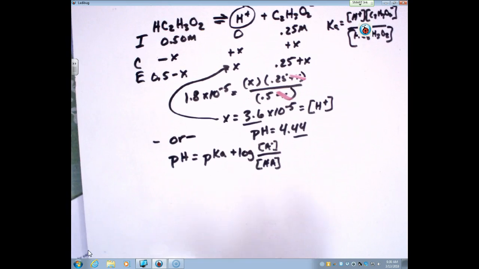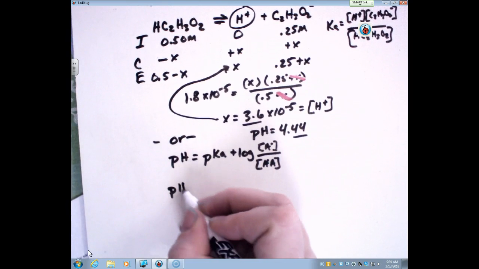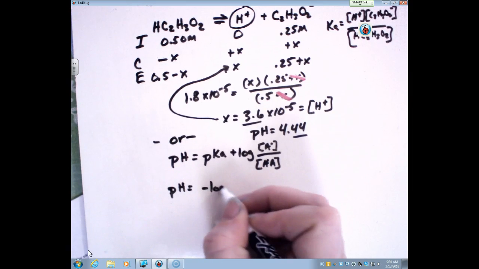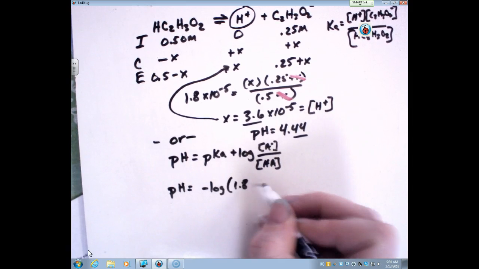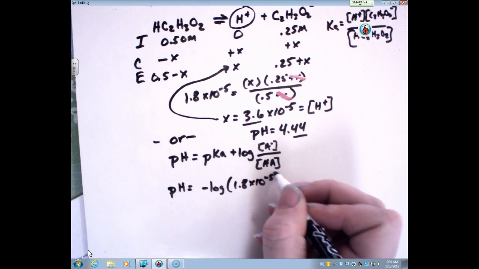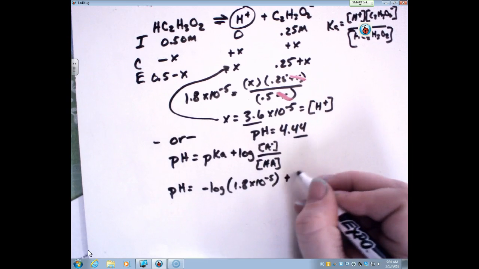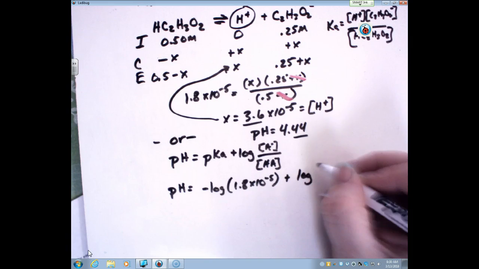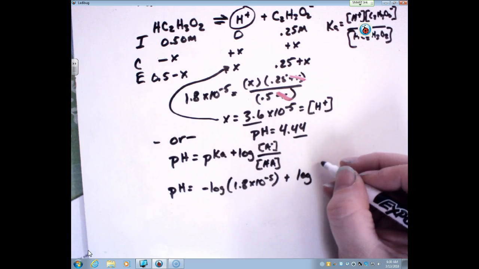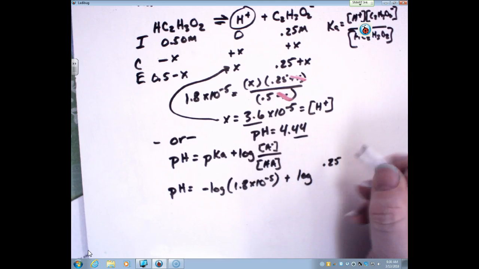So for that one, our pH is going to equal negative log of 1.8 times 10 to the negative 5. That gives us our pKa plus the log of my acetate ion concentration, which is 0.25 from that sodium acetate.